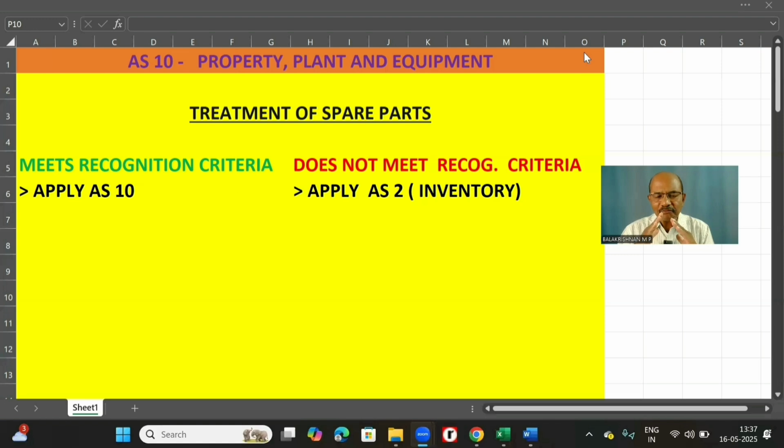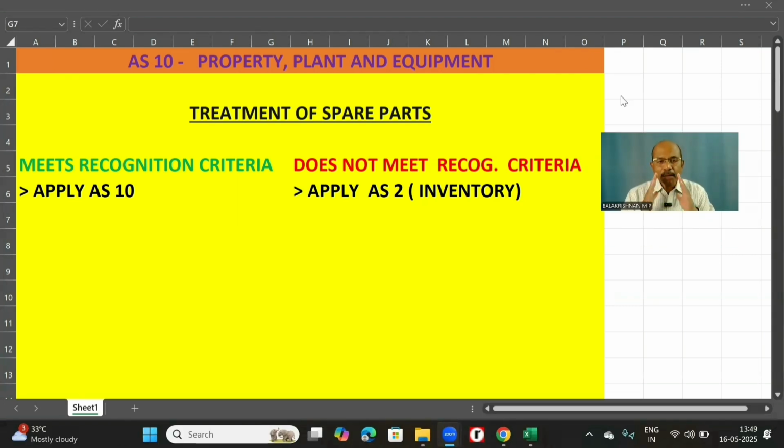Or they are necessary for the functioning of the main asset and will be used when needed, standby or emergency use. For example, a company buys a large turbine and also purchases a special blade costing a huge amount to be used only when the current one fails. This blade will last for 5 years and is essential to run the turbine. Therefore, the same will be treated as PPE, not as inventory.